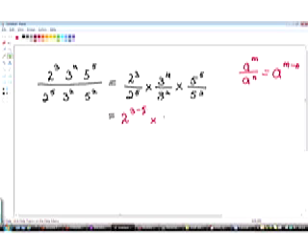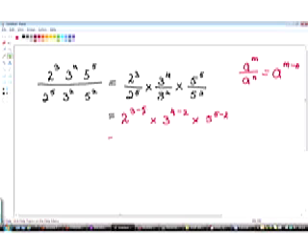multiplied by 3 to the 4 minus 2, multiplied by 5 to the 5 minus 2.